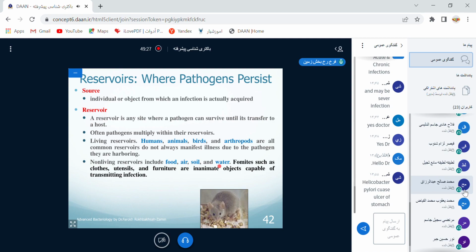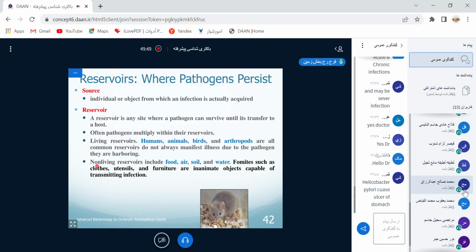They are alive in non-living reservoirs and waiting to find a suitable sensitive host. Fomites such as cloths, utensils, and furniture are inanimate objects capable of transmitting infection.